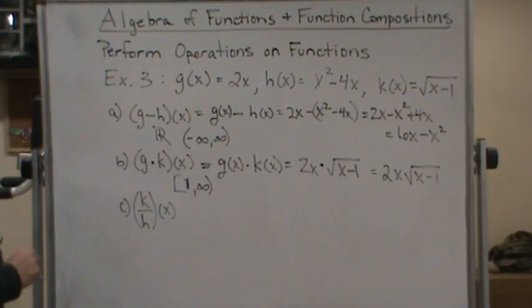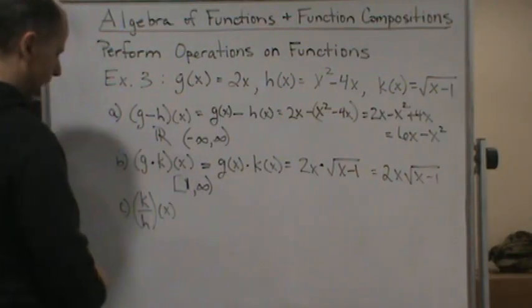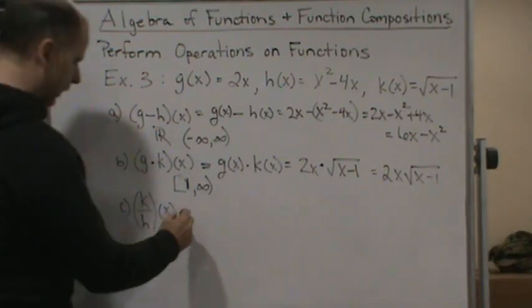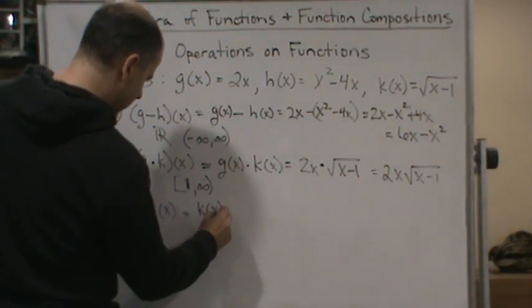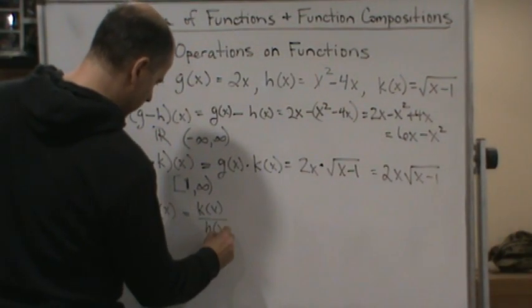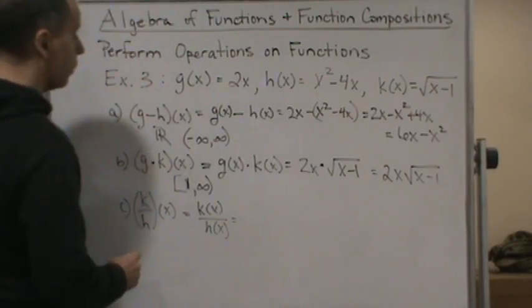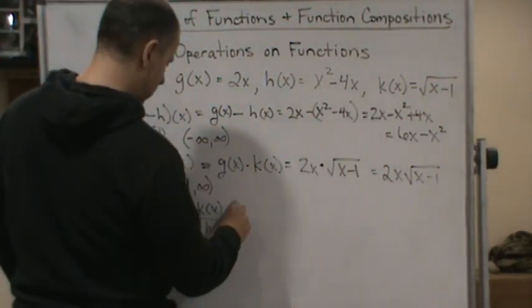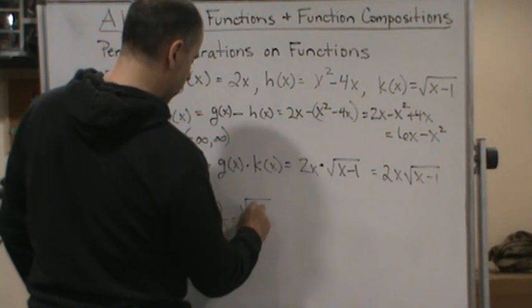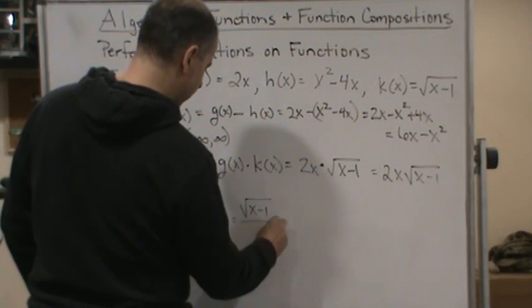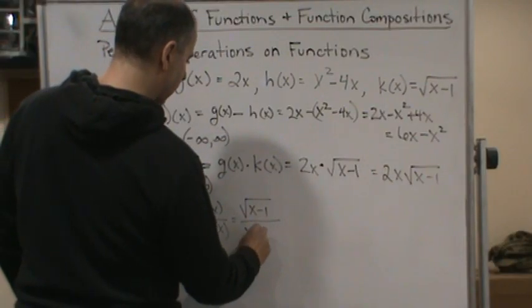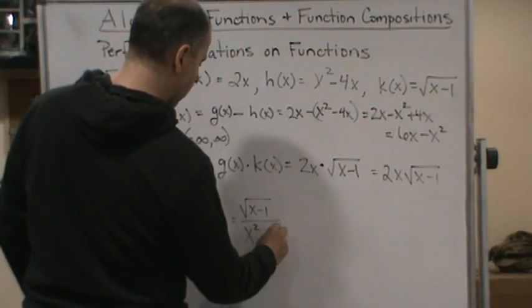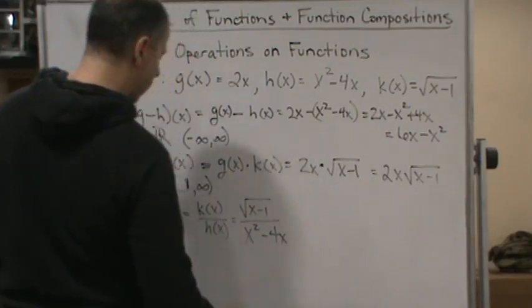Now, k divided by h of x. Again, we're going to do k of x divided by h of x. So k of x is the square root of x minus 1, and h of x is x squared minus 4x.